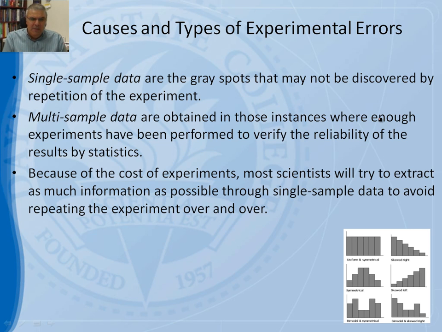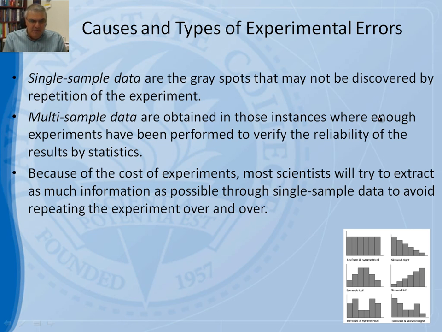Single sample data are much more difficult to work with, and errors may not be discovered by repetition of the experiment. So we try to have multi-sample data as much as we can.